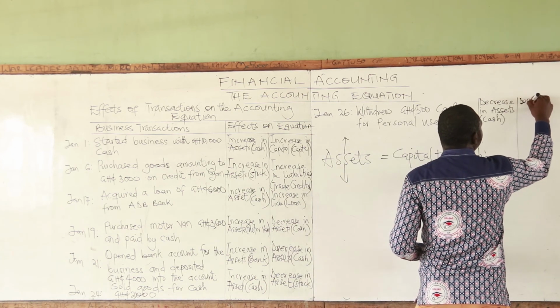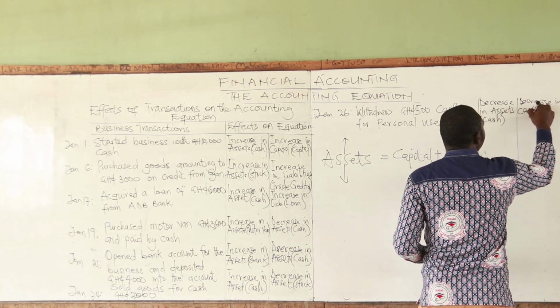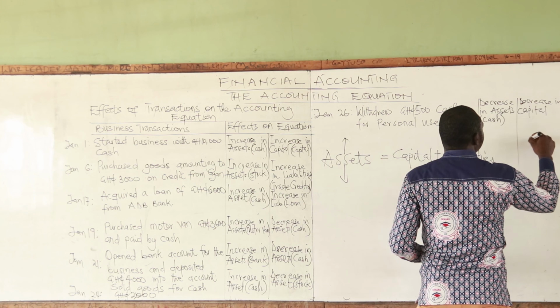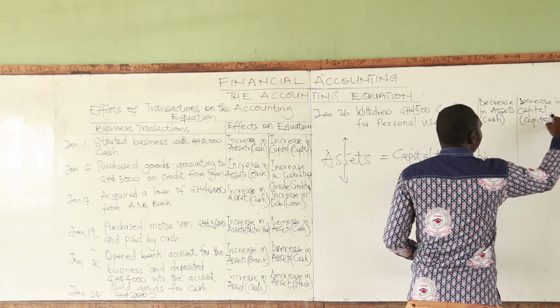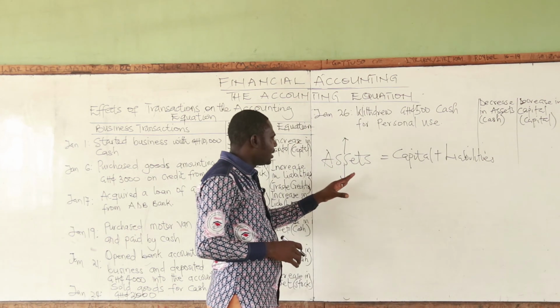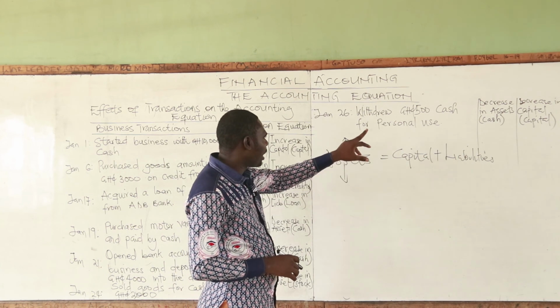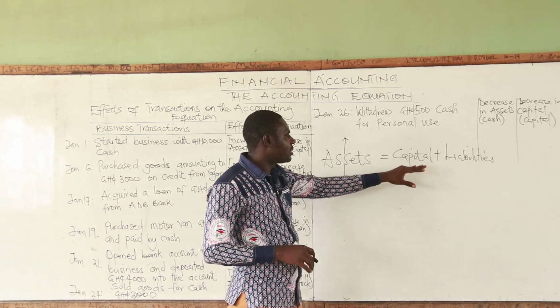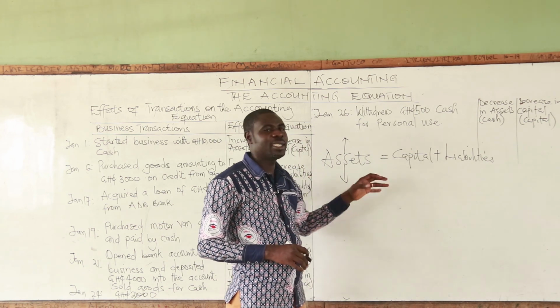So there is a decrease in capital in the form of the owner's capital. There is a decrease in the asset by 500 Ghana cedis, and also a decrease in capital by 500 Ghana cedis.